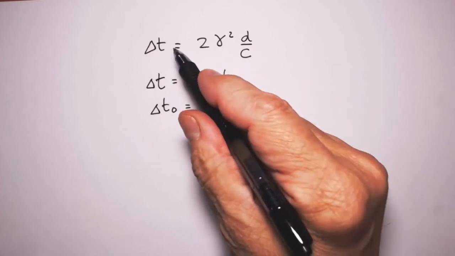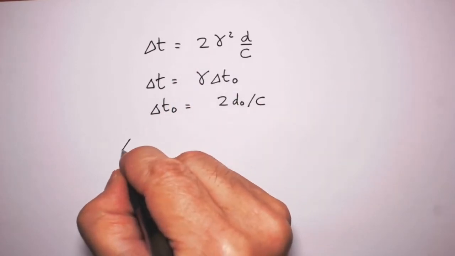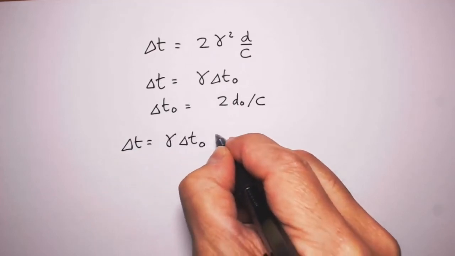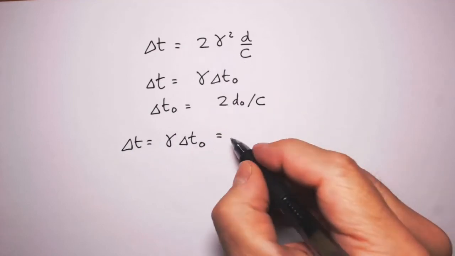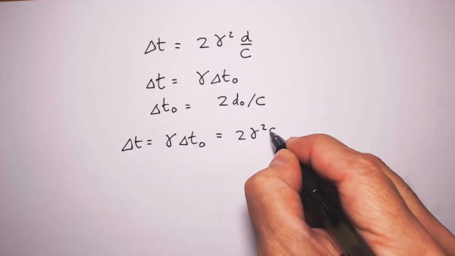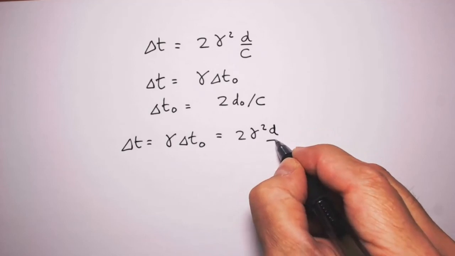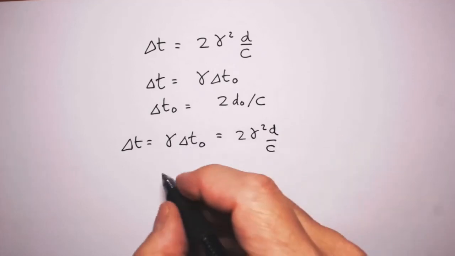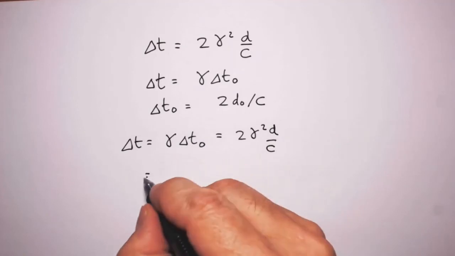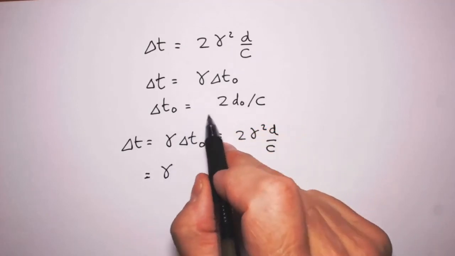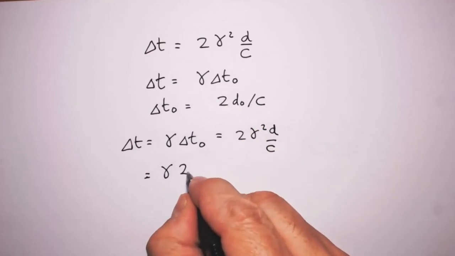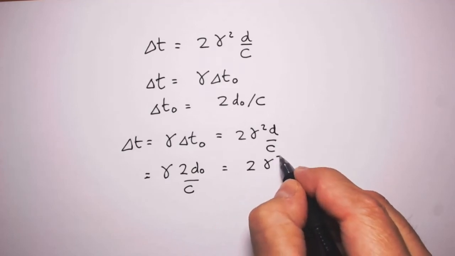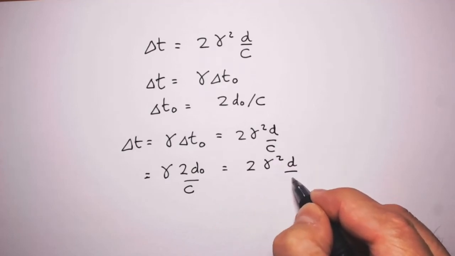Combining these results, we have on the one hand that delta t is equal to gamma delta t naught, and delta t is also equal to 2 gamma squared d upon c. Now delta t naught is equal to 2 d naught upon c. So we have 2 d naught upon c equals 2 gamma squared d upon c.